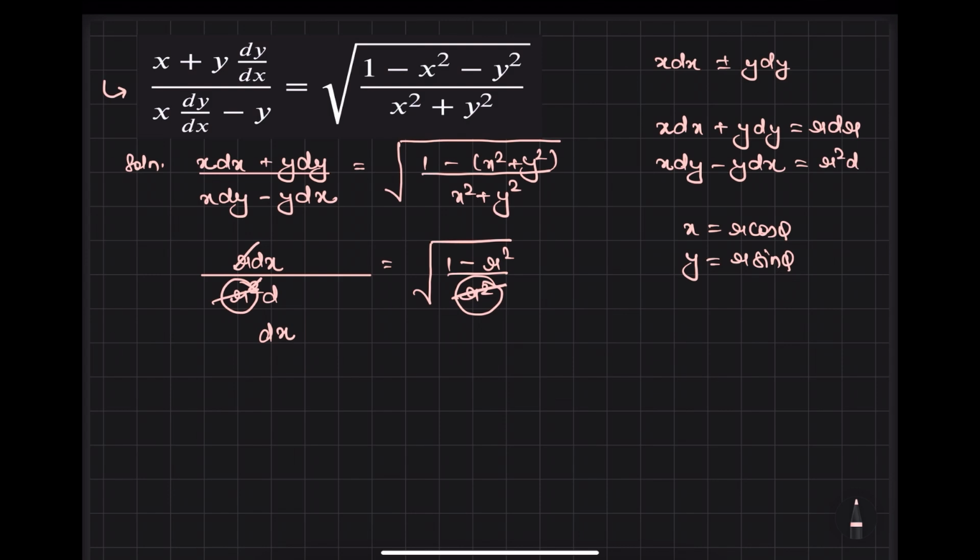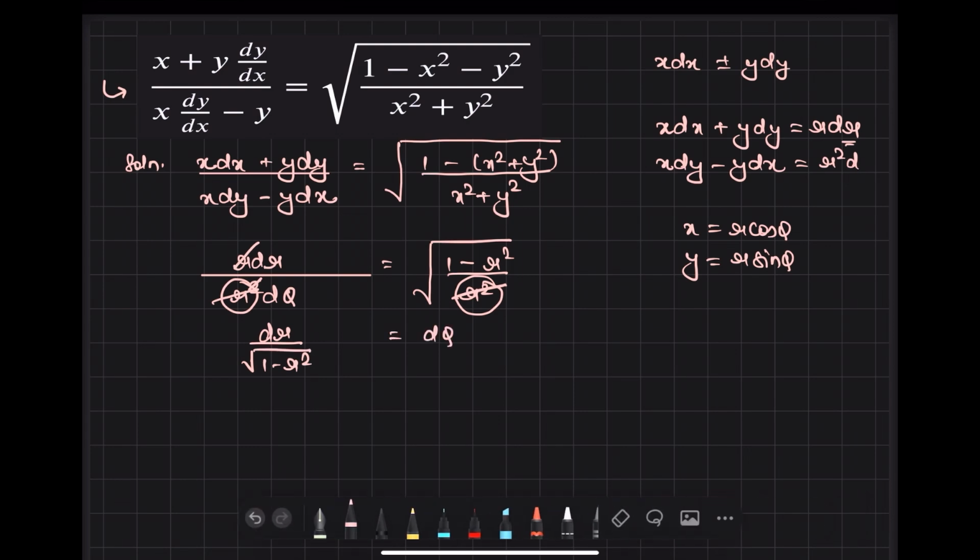Yes, d theta. Here we have dr, no? Acha, by mistake I introduced x again, so this is dr. Okay, so we will keep the r thing on one side, dr over root of 1 minus r square is equal to d theta.